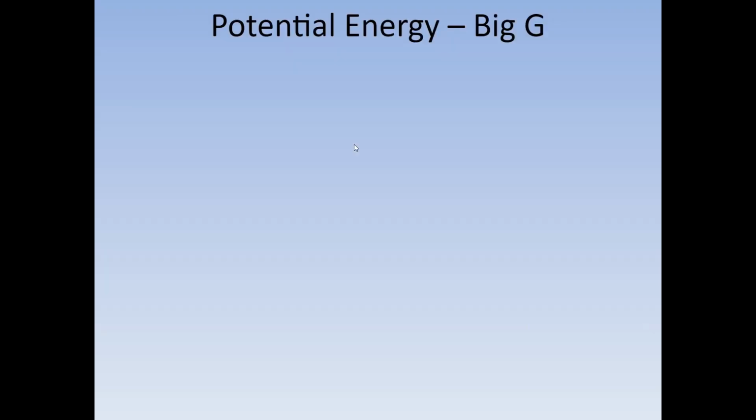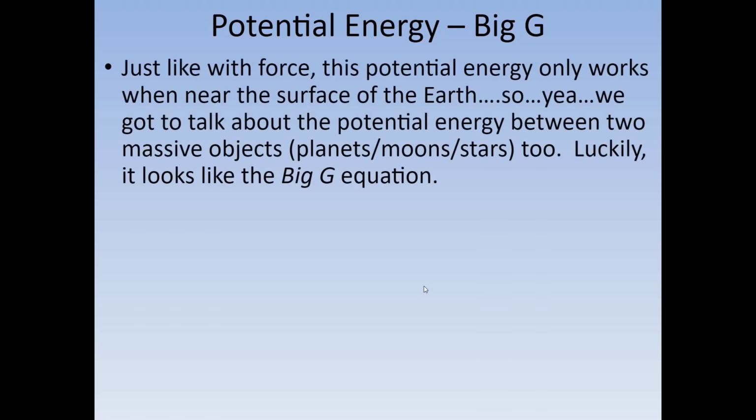All right. Now, there is another form of this potential energy equation. Again, if we go back to what I said before about how the potential energy is just a reworked version of the work equation, where the work is the force of gravity, well, there are two equations for force of gravity. There's the simplistic form when we're on Earth, where we say Fg equals mg, but there's also the big G equation: Fg equals G m1 m2 over r squared.